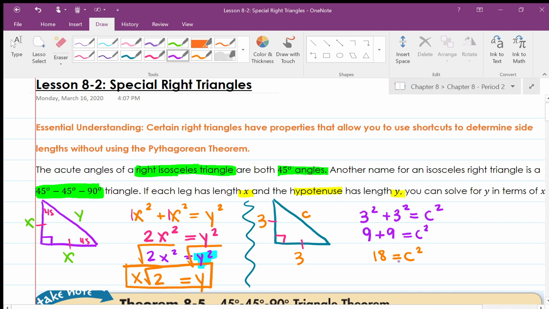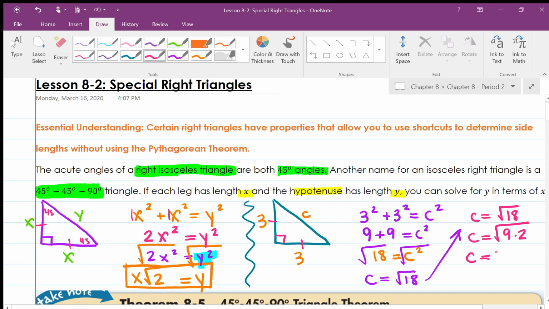If you square root both sides, you get c is equal to the square root of 18, but that can be simplified a little further. c is equal to the square root of 9 times 2, or 3 square root of 2.